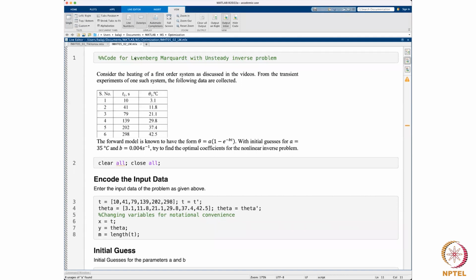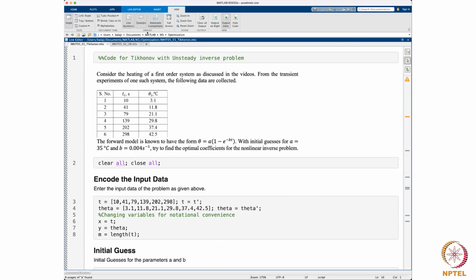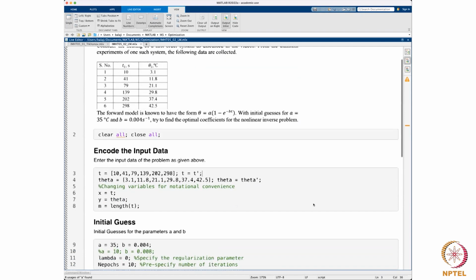So here you see the Levenberg-Marquardt code. Again, practically identical to the Tikhonov code, which we saw earlier. You can see I have practically made no change here, except there will be a small change below. But just to walk you through this, the same initial model, the same data, and the same initial guesses.